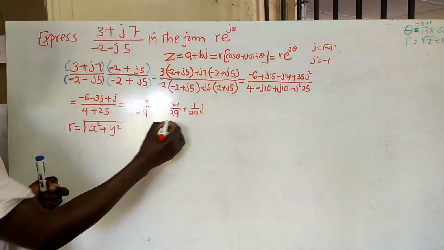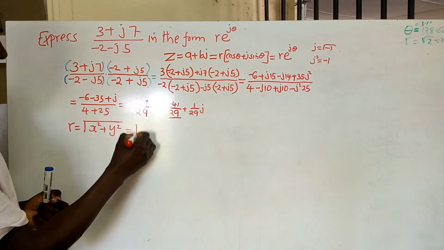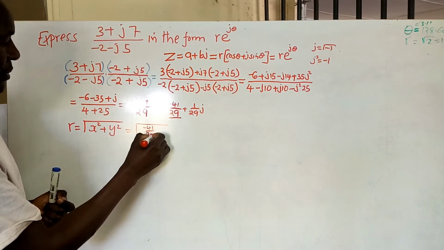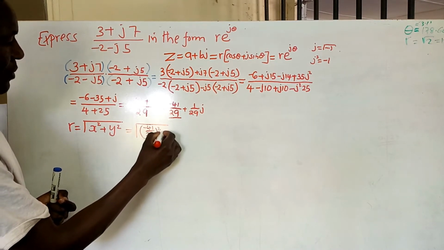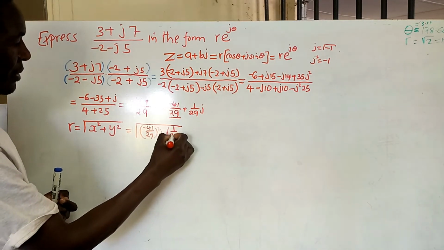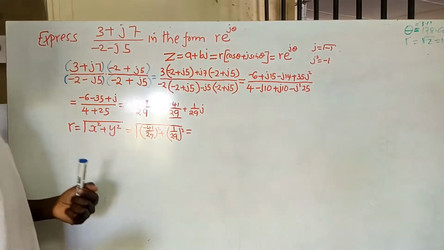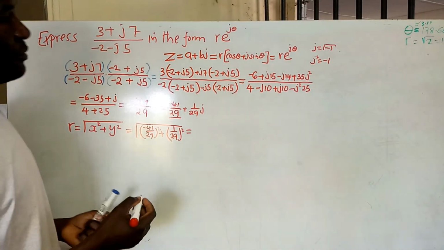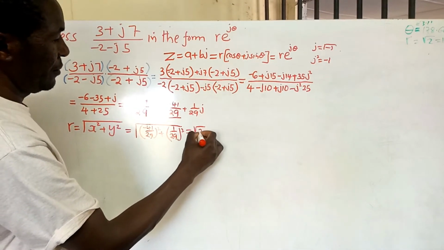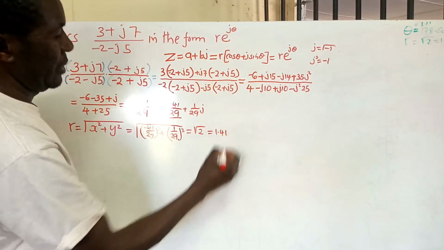In our case, x is negative 41 over 29 squared. We add y is 1 over 29, then we square that. When we work it out, we get the value of r as root 2, which is the same as 1.41.